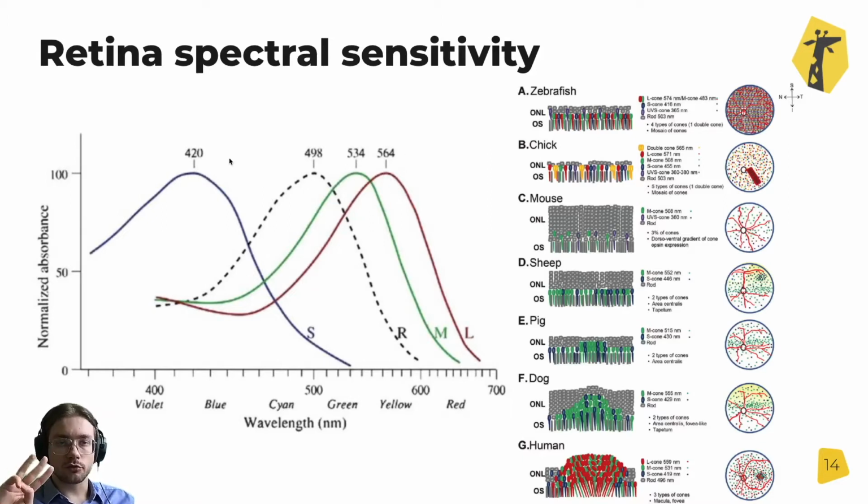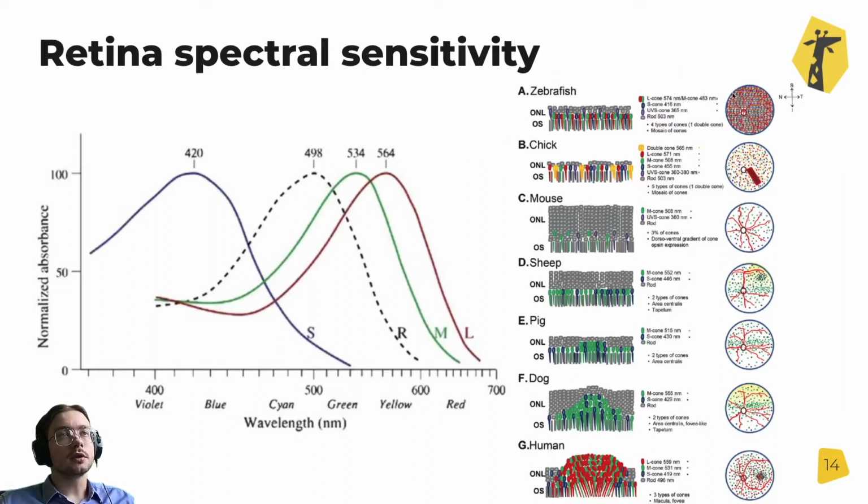These are the three types of cones that we have, and we have only one type of rods, which peaks at about 498 nanometers, and this is on the scale of wavelengths from violet to red.